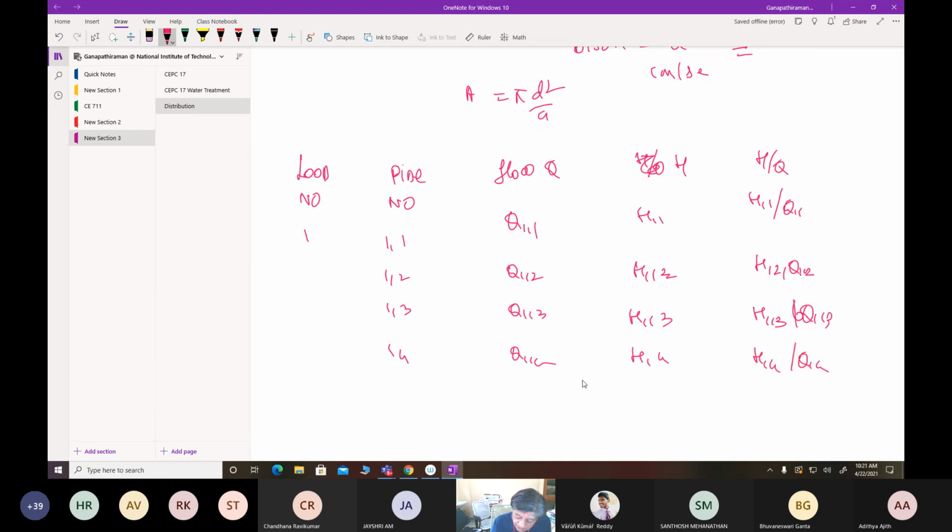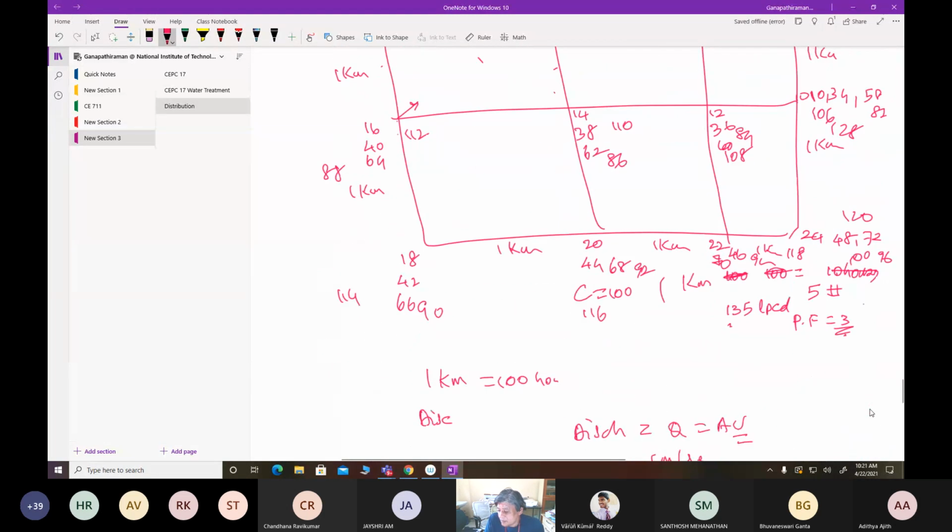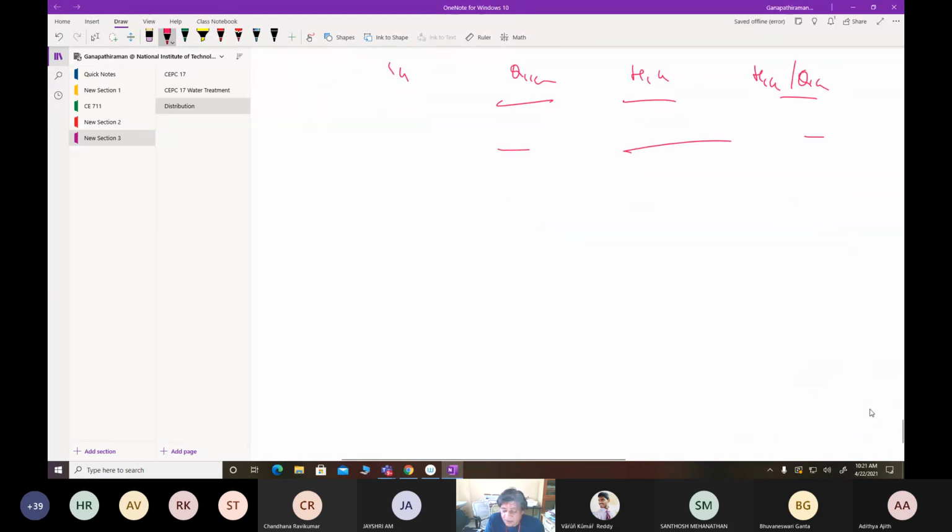So you add it algebraically here. Then you formulate the Newton-Raphson network, balance it and submit this assignment. Today is 22nd. I want it by May 2nd.